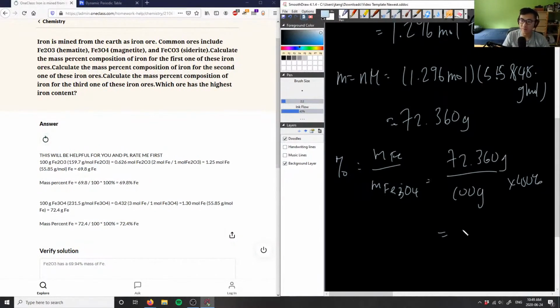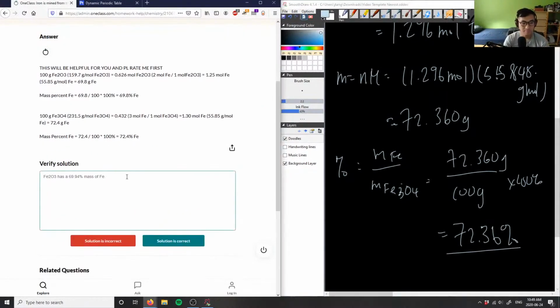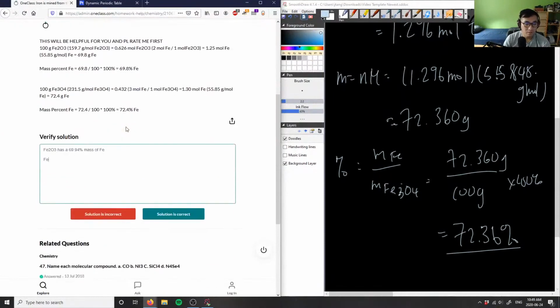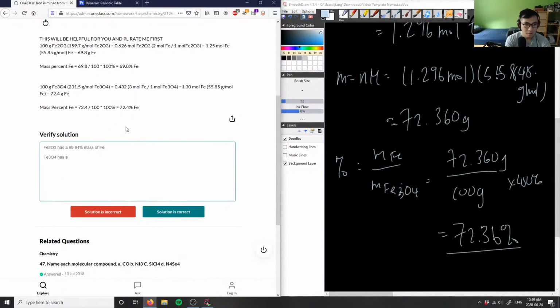This is going to give us a value of 72.36%. And this is our second one for this guy here. They wrote 72.4, so they rounded, which is also correct. So this Fe3O4 has a 72.36% mass of Fe.